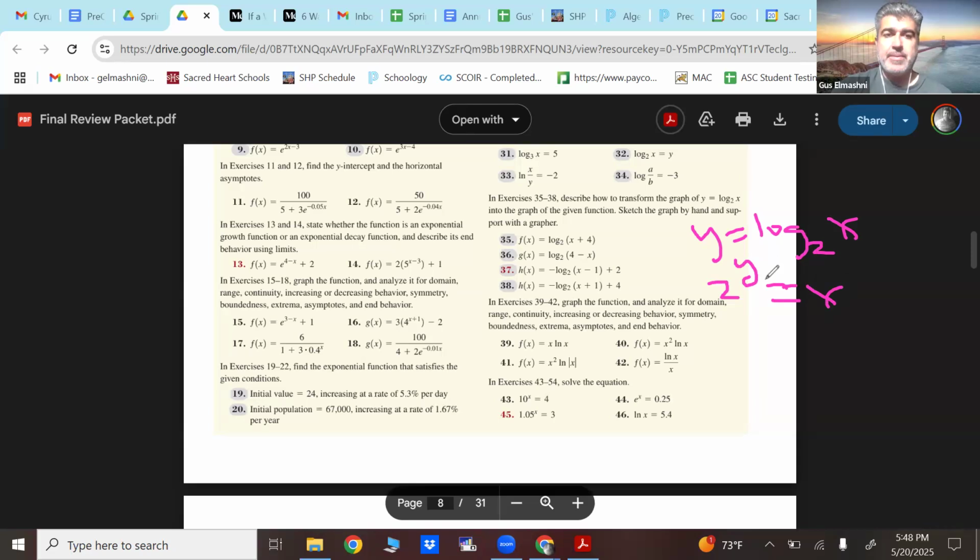So x equals 2 to the y power. Okay. Plug in 1, 0, -1. Then you can make an adjustment. If it's x plus 4, you're going to take away 4 from the x coordinates.